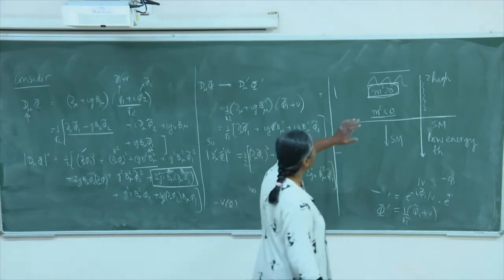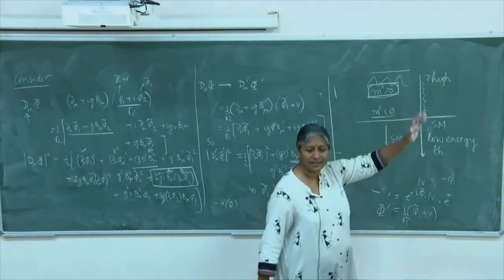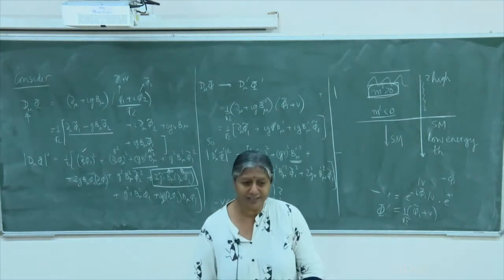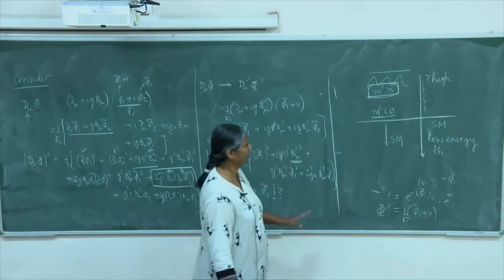Which means that at some very high energy scale all these particles are massless, which seems kind of reasonable. We still don't know how it can be implemented, what other interactions can be there, but that's one way of looking at it, okay.